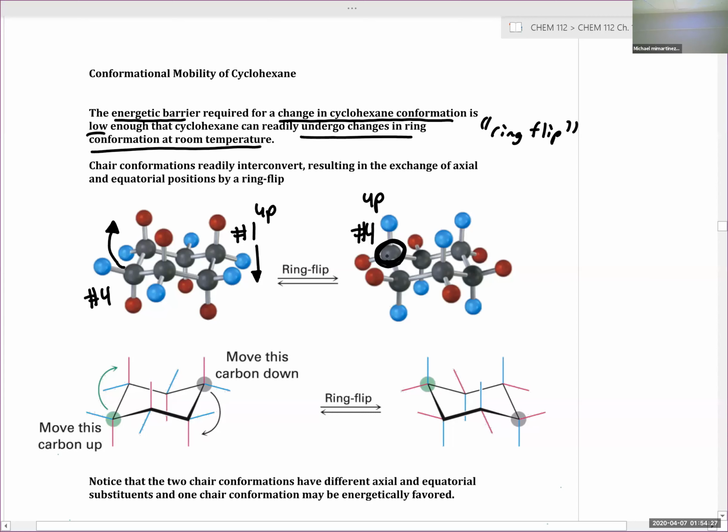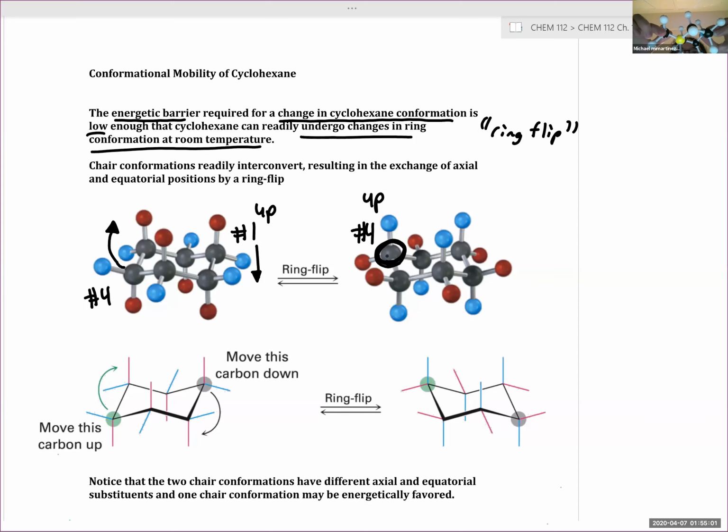Okay, now this is really important because I see students mistake the location of carbon 1 and 4 after a ring flip. So just to showcase this once again. Carbon number 1 is in yellow, carbon number 4 is in blue. I bring carbon number 4 up and bring carbon number 1 down.